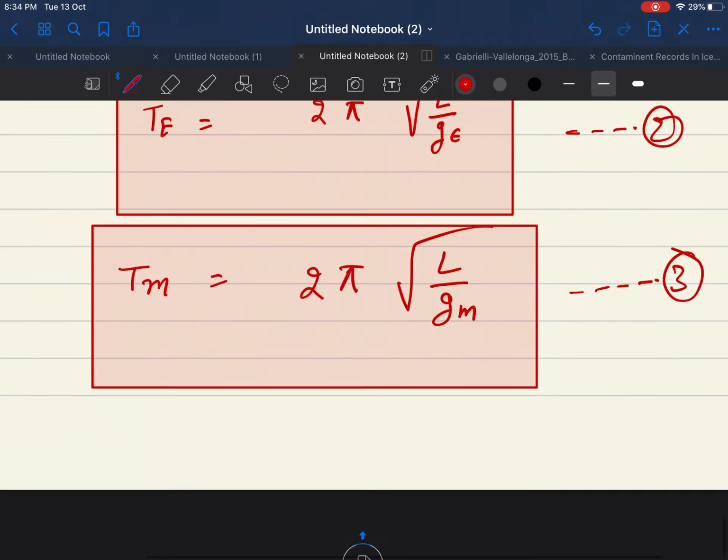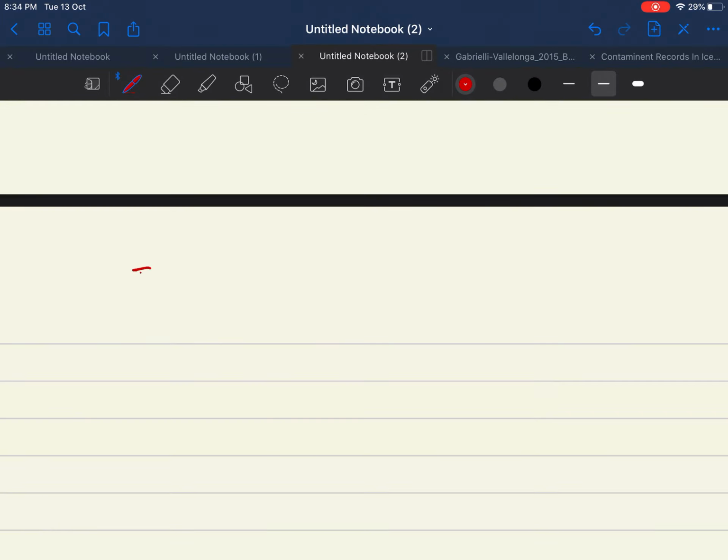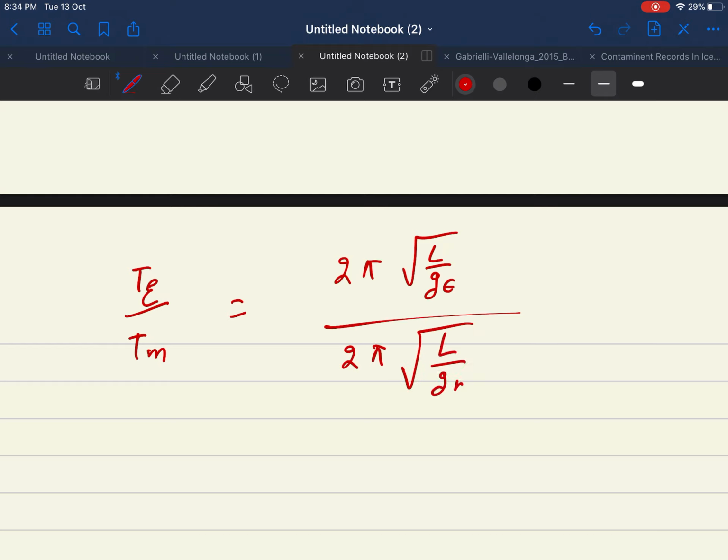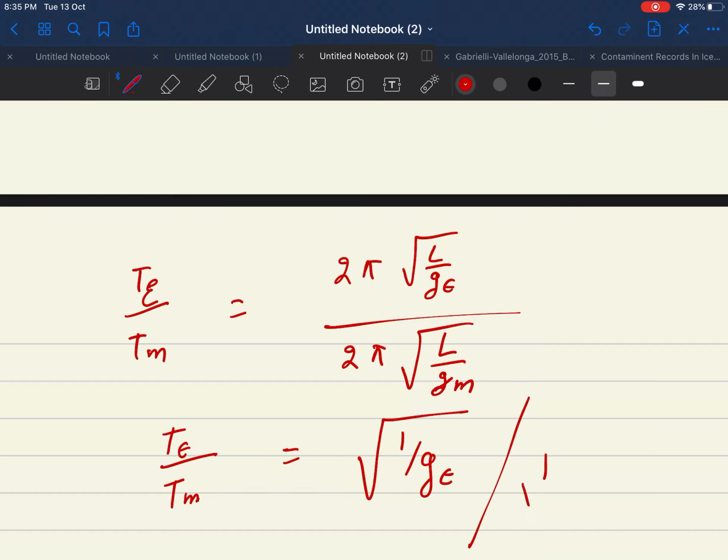Now dividing equation 2 by equation 3. So TE by TM, when we divide, becomes 2 pi under root L by gE by 2 pi under root L by gM. Finally we have TE by TM is equal to under root 1 by gE by 1 by gM.